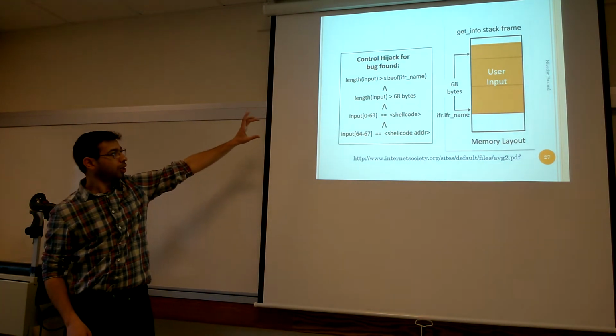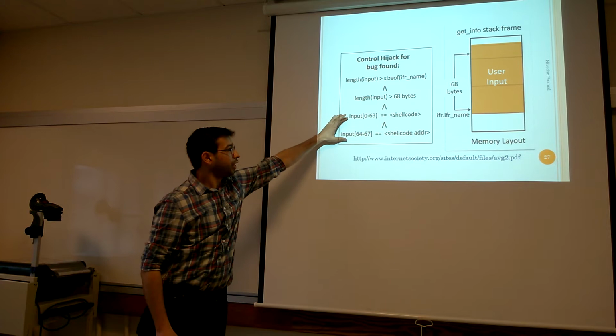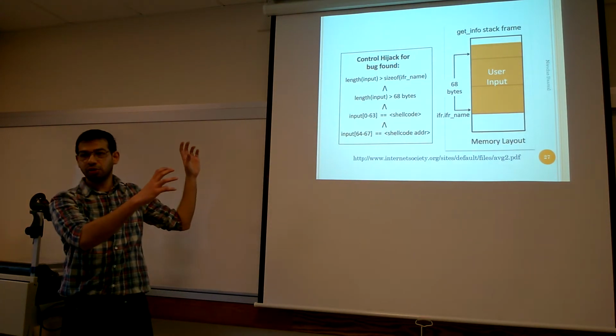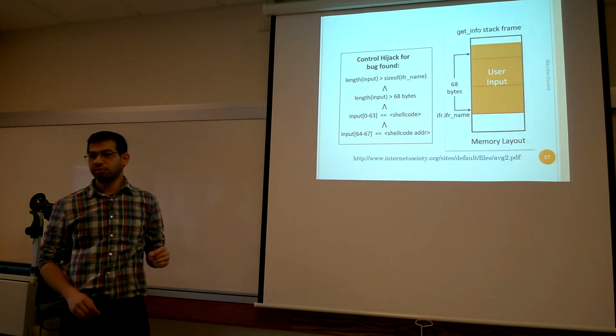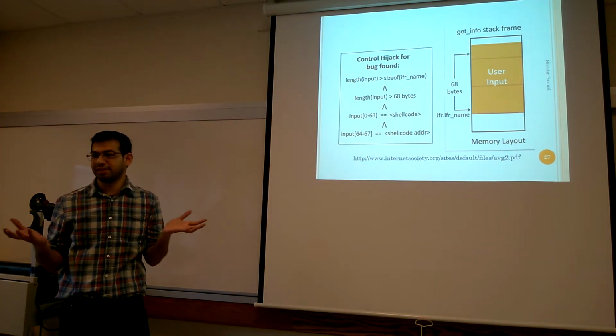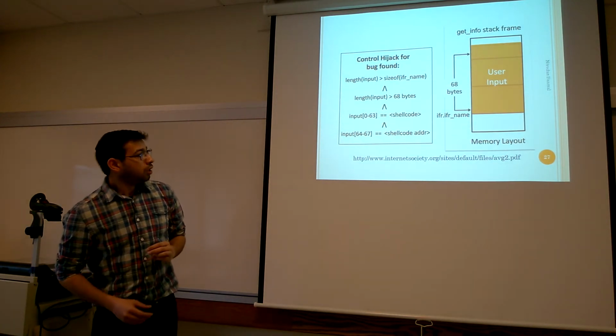So what we are trying to define in the predicate is that this is our exploit and that is the vulnerability. If both these conditions are true and satisfiable, then just give me an output, say yes, it is exploitable. So what does that look like in terms of that nice little memory layout?